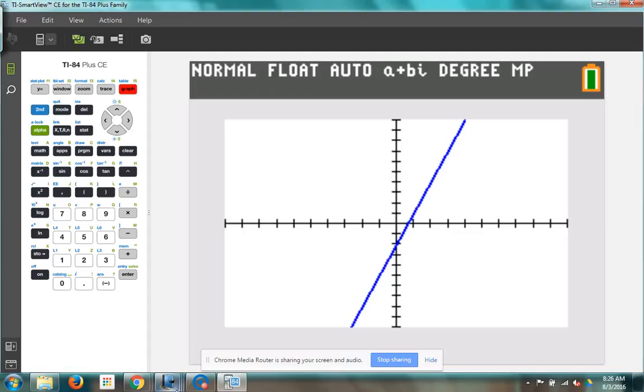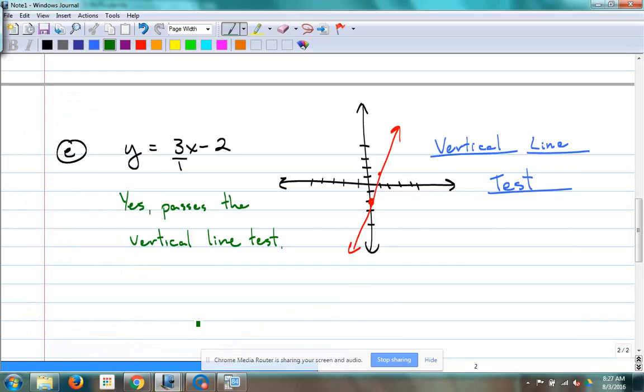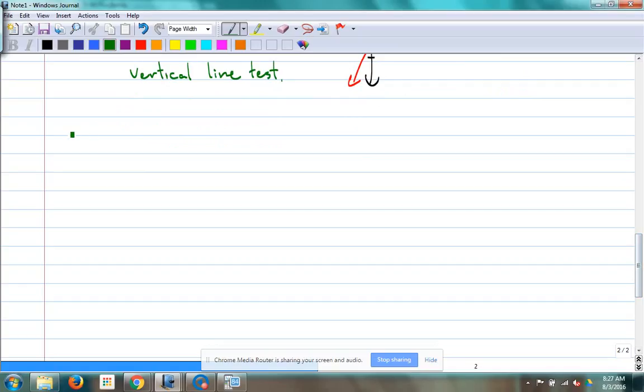Okay, let's go to one that's a little bit more difficult. Let's say we had y squared is equal to x squared minus 4.